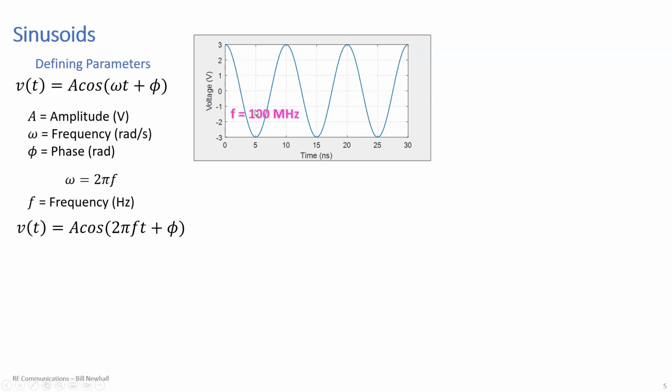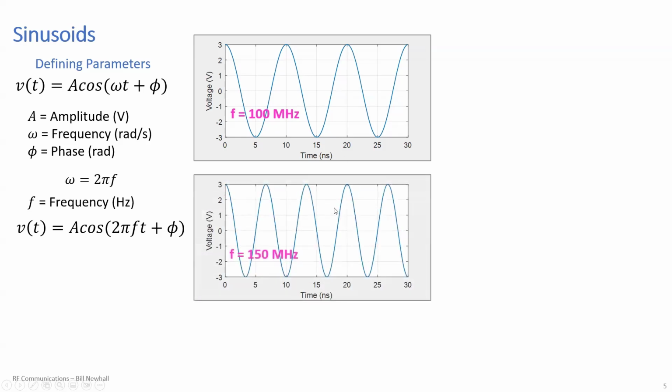Okay. So here is a sinusoid with frequency 100 megahertz, right? This is voltage versus time in nanoseconds. This is what a 100 megahertz sinusoid would look like on an oscilloscope. Okay, and if you increase the frequency, then you get more cycles viewed in that same time frame, because the period is reduced and the period is 1 over F. So instead of cycles per second, you get seconds per cycle.